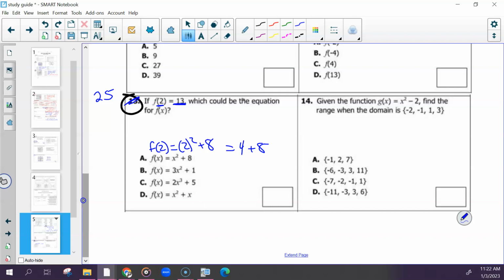No. Here we have 3 times 2 squared plus 1. So 3 times 4 plus 1, or 12 plus 1. Would that give us 13? So just seeing which one works. Any other questions on this page?